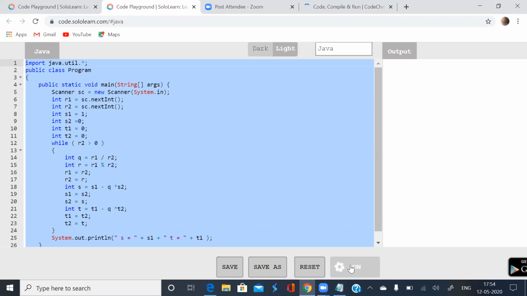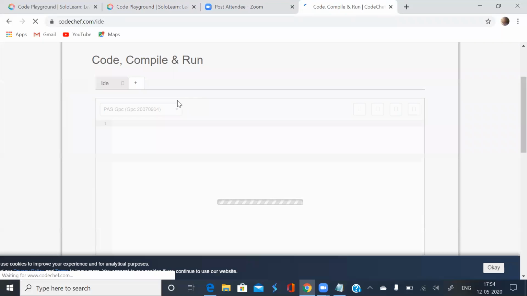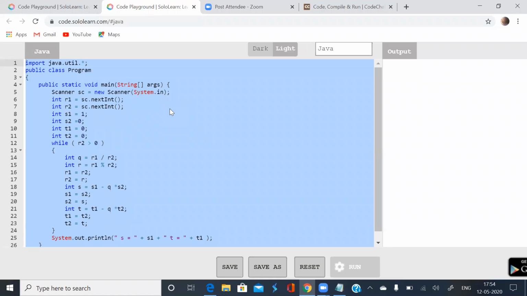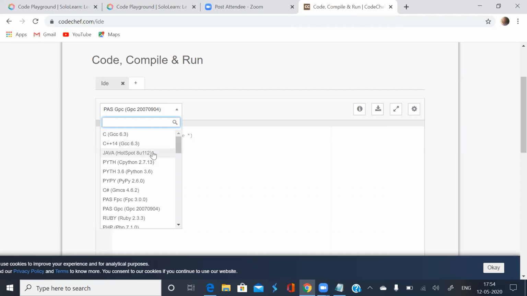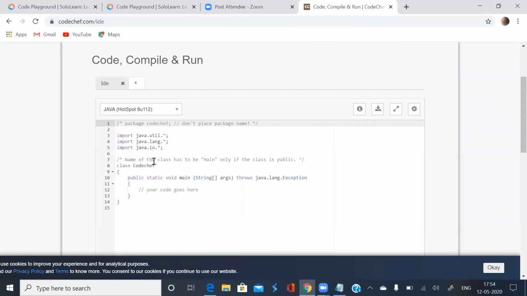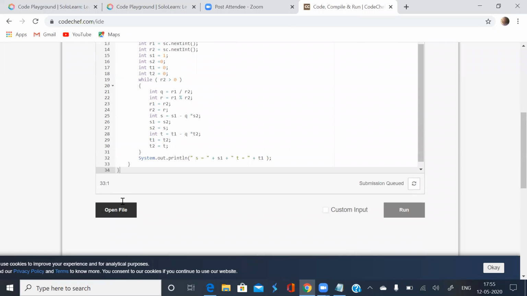It is still loading. Okay. Now select language here. Say Java. Now, here, let us copy this and run it.